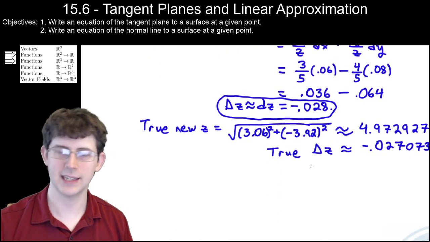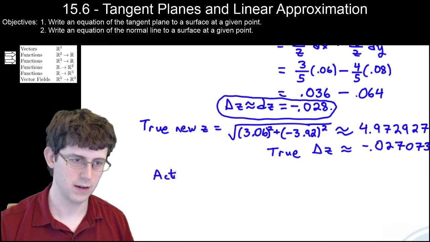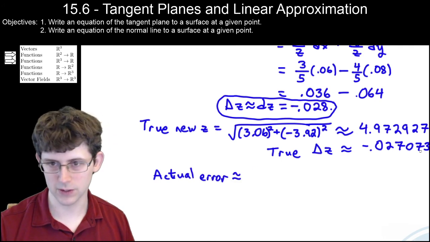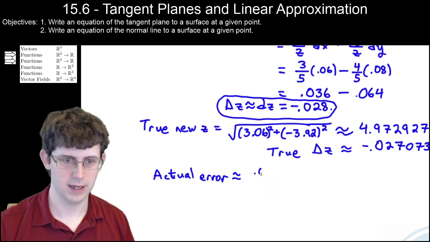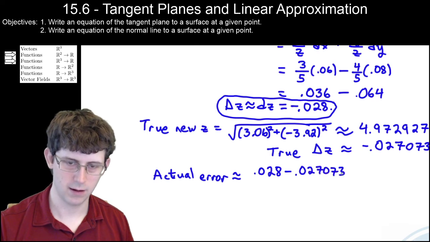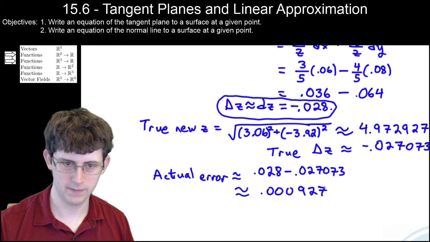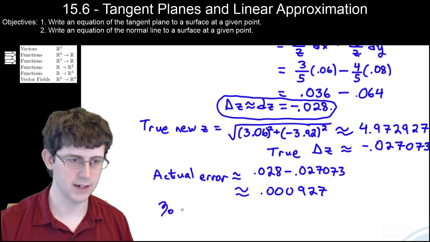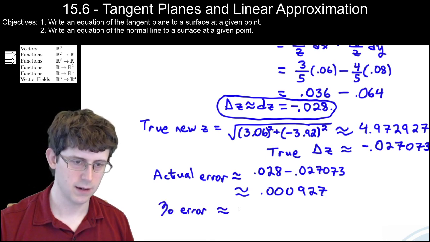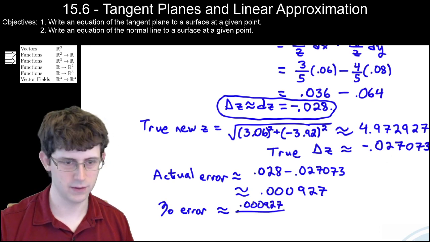Okay, so it asked us what is the percent error. So the actual error is the difference between 0.027 and 0.028, which is 0.000927. And so the percent error is 0.00927 divided by the actual error, or divided by the true value.